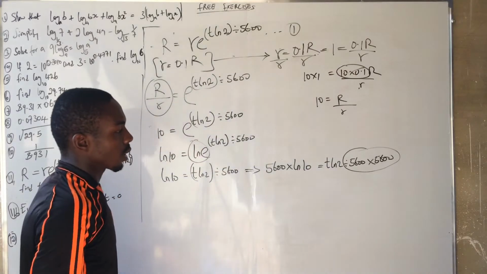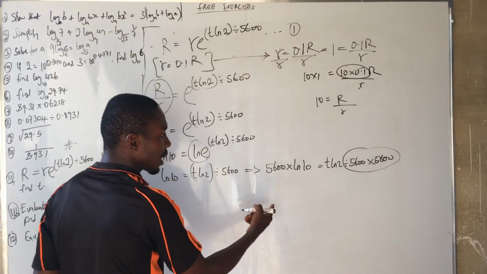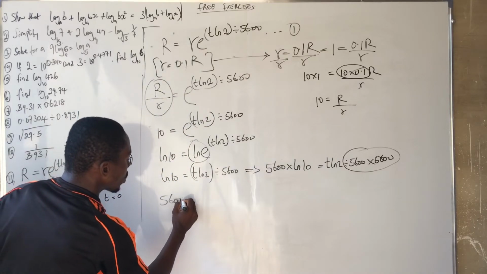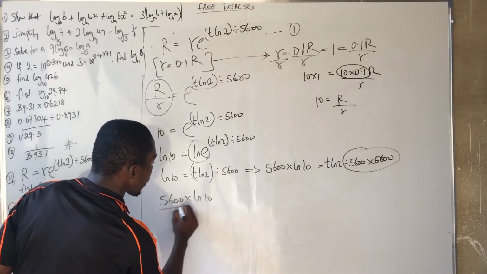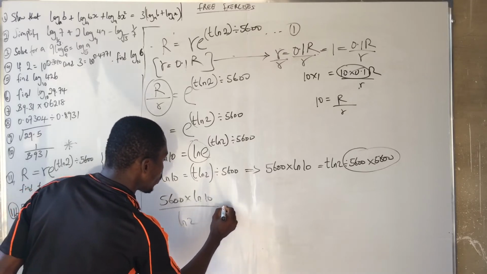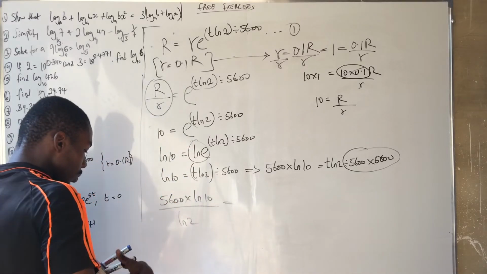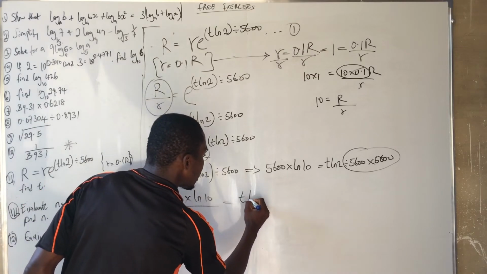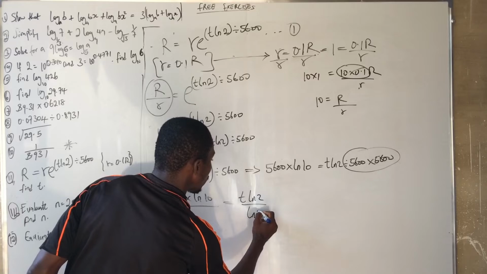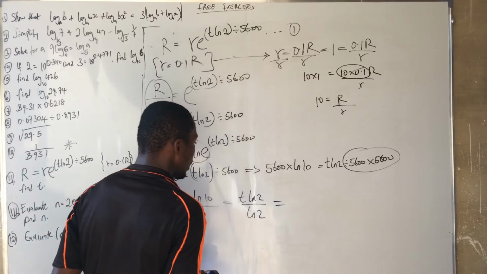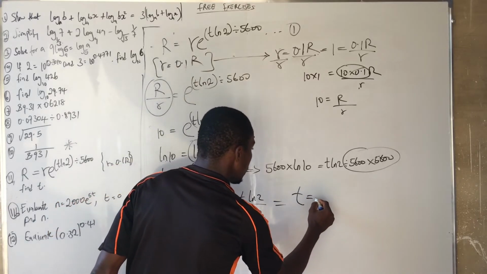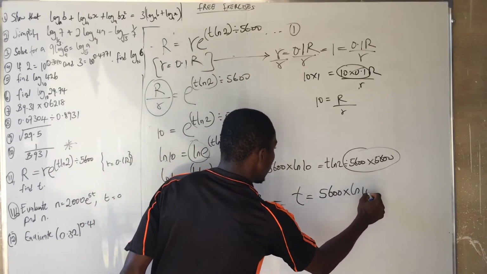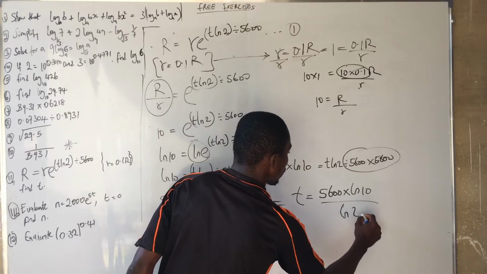My next target is to eliminate this ln 2. So I'm going to divide both sides by ln 2. So I now have 5,600 times ln 10 divided by ln 2 is equal to t ln 2 divided by ln 2. So what I'm going to get now is that my t is equal to 5,600 times ln 10 divided by ln 2.